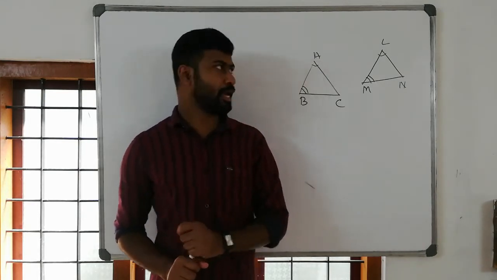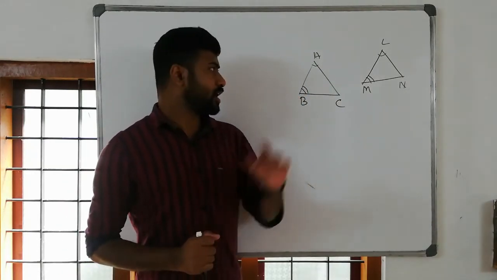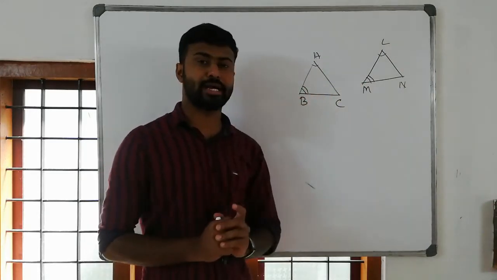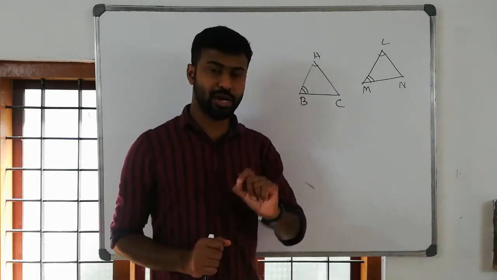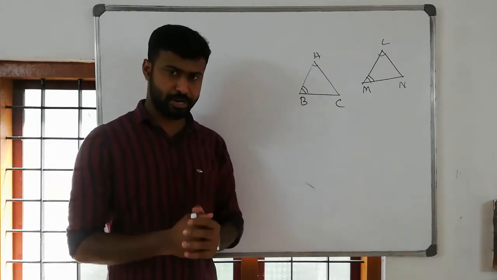similar. Here you can see two triangles, triangle ABC and triangle LMN, in which angle A equal to angle L, angle B equal to angle M. So two of the corresponding angles are equal. Therefore, triangle ABC and triangle LMN are similar.